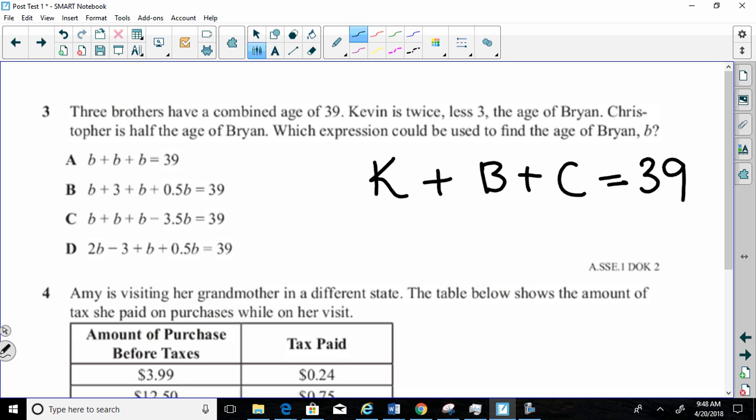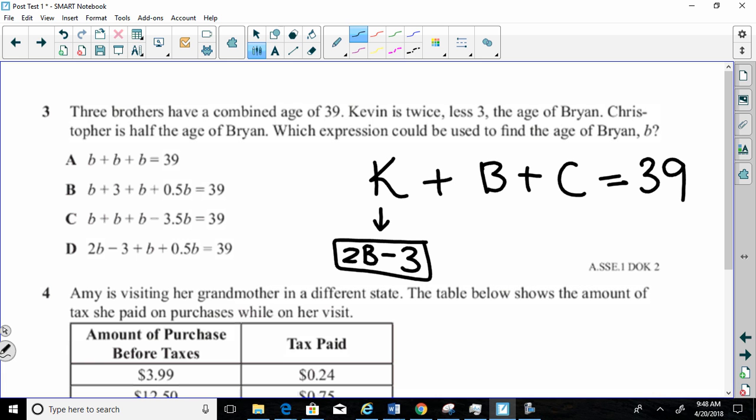So they tell us about Kevin, and this is worded really weirdly, and it's not going to look like this on your milestone. They mean that Kevin is twice the age of Brian minus 3. So twice the age of Brian minus 3 is what Kevin is. So instead of Kevin, I'm going to plug in 2b minus 3.